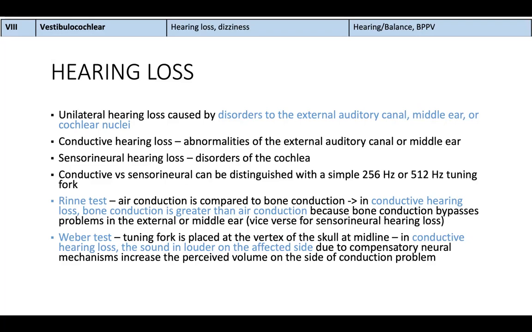Weber test is if you place the tuning fork on the midline of their forehead. In conductive hearing loss, the sound is going to be louder on the affected side. So with sensorineural hearing loss, the sound is going to be louder on the opposite side. Which would make sense, kind of.